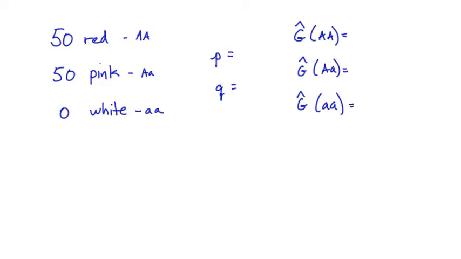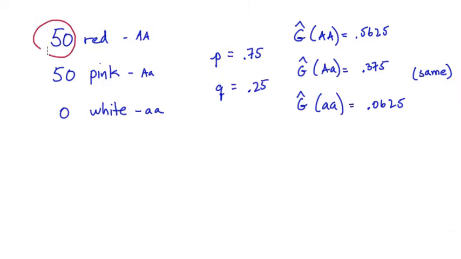Okay, for allele frequencies, you should have come up with P equal to 0.75 and Q equal to 0.25, the same as what we had in the first example. And for the Hardy-Weinberg values, they're the same as the first example as well because we're using the same allele frequencies to calculate Hardy-Weinberg. In this case, however, there are fewer homozygotes in our actual population, 50% instead of the g-hat of 56.25% for big A, and 0% instead of 6.25% for little a.